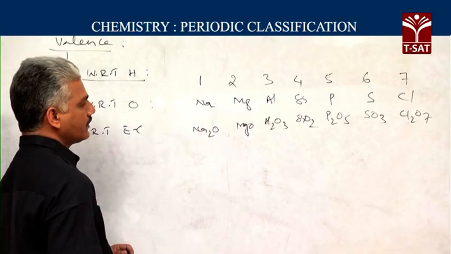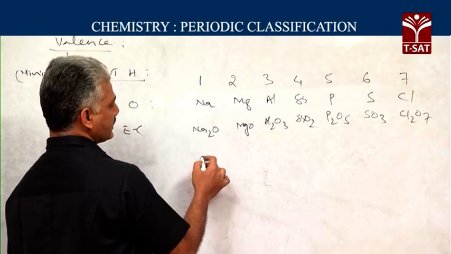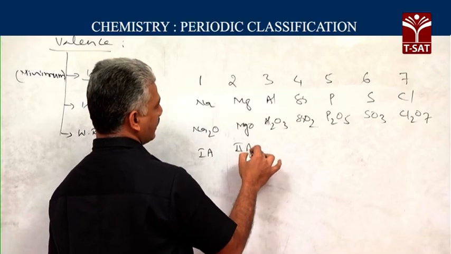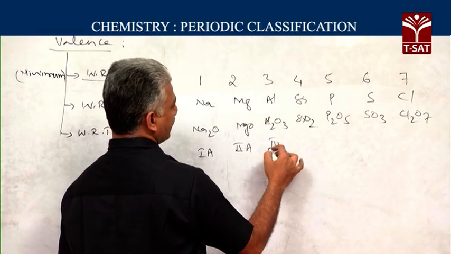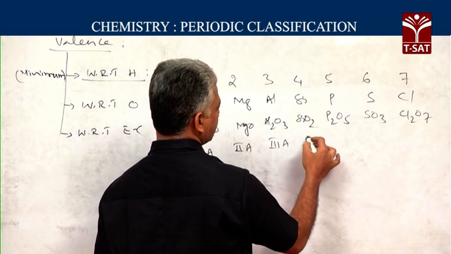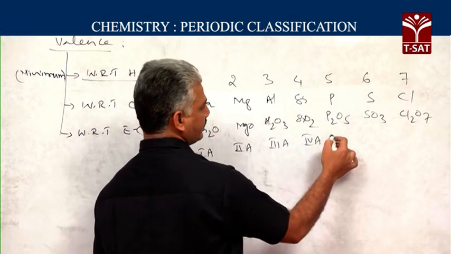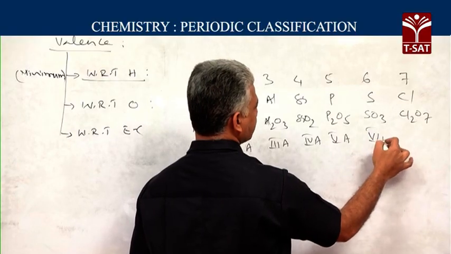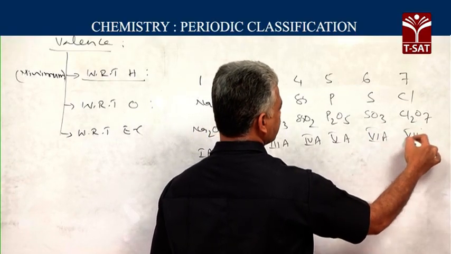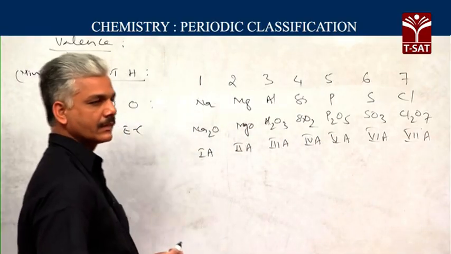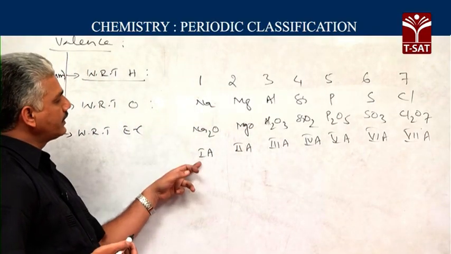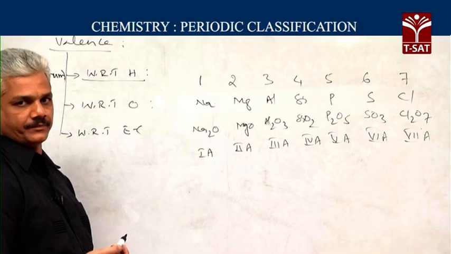Here, if you look at the correlation between the group number and valency, sodium belongs to 1A group, magnesium belongs to 2A group, aluminum belongs to 3A group, silicon belongs to 4A group, phosphorus belongs to 5th A group, sulfur 6th A group, chlorine 7th A group. So, if you correlate the valency with group number, valency and group number are same.